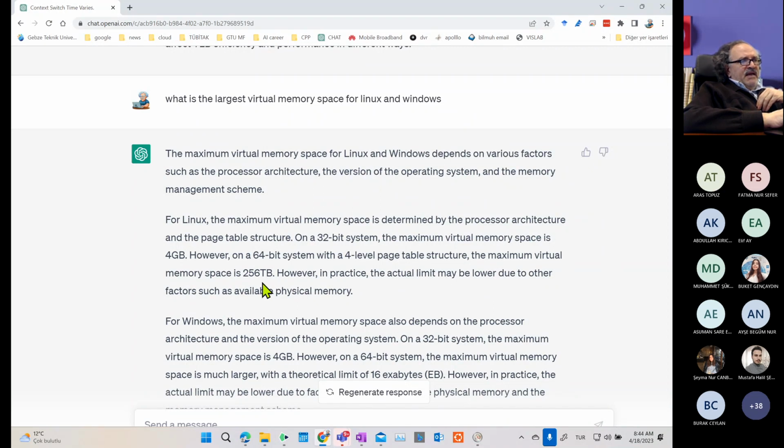Nobody has a memory size of 256 terabytes on a normal computer. For a normal computer, at most you are going to have maybe 32, maybe 64 gigabytes. But I have to handle this.